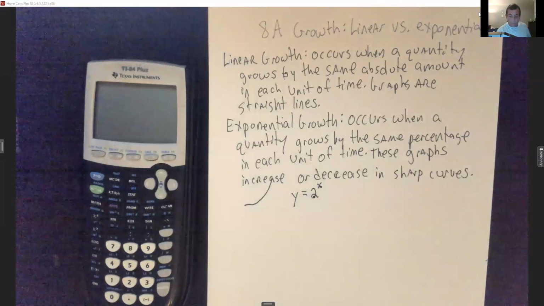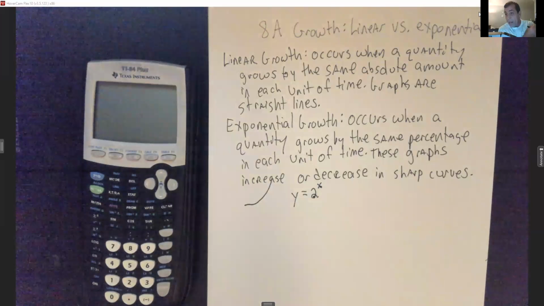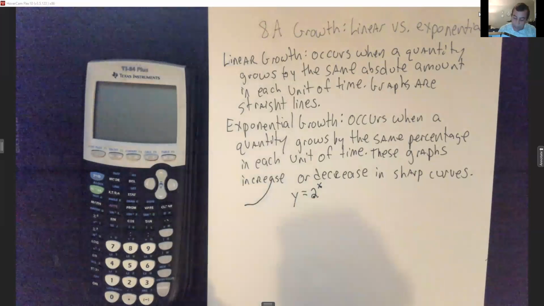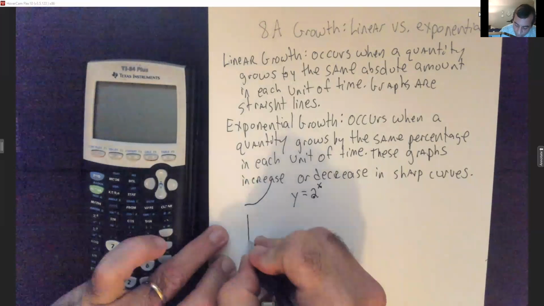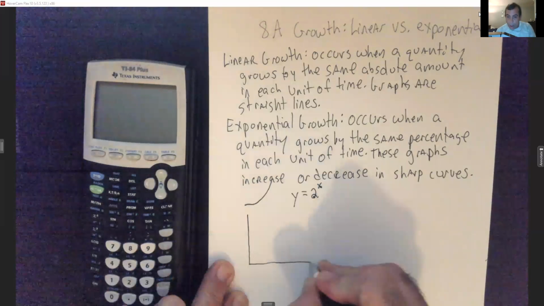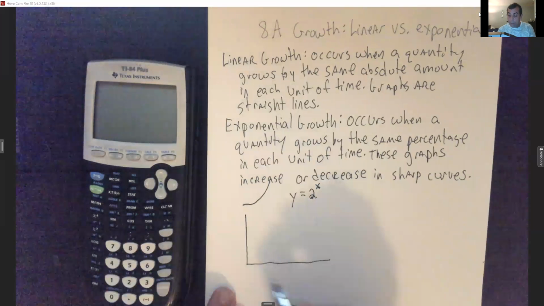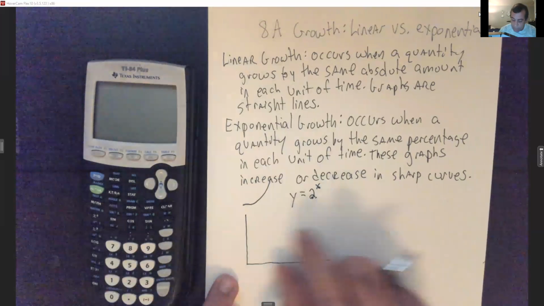All righty, so I'm going to refresh you on graphing real quick, and I'm just going to graph what we call quadrant 1 on the graph, just the one that you see in the real world.